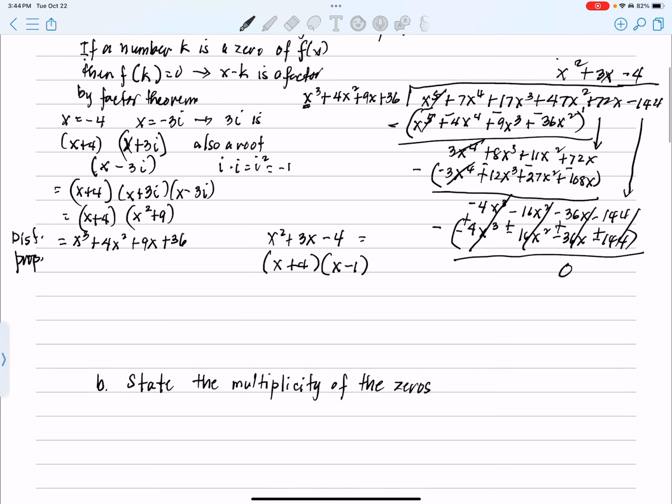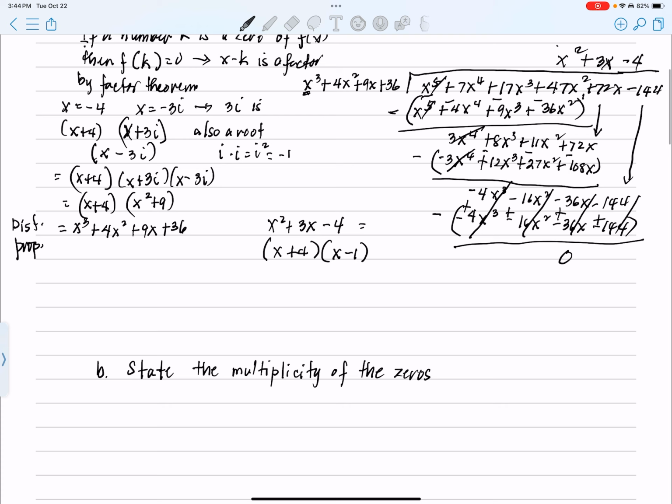Setting these factors to 0, we could find the remaining roots. Our roots would be x plus 4 equals 0, so x equals negative 4, and x minus 1 equals 0, so x equals 1.